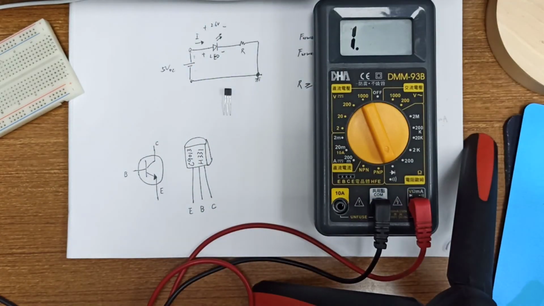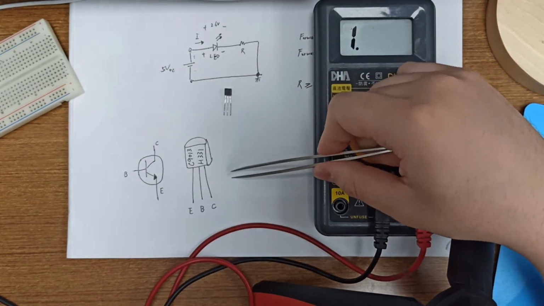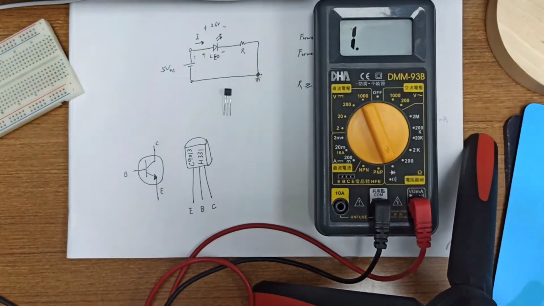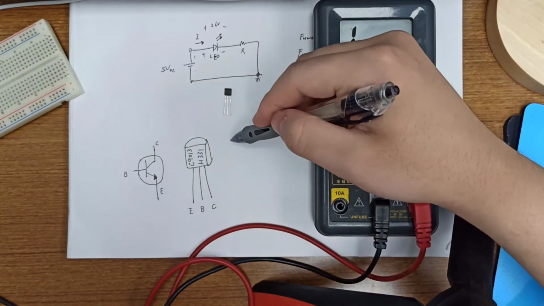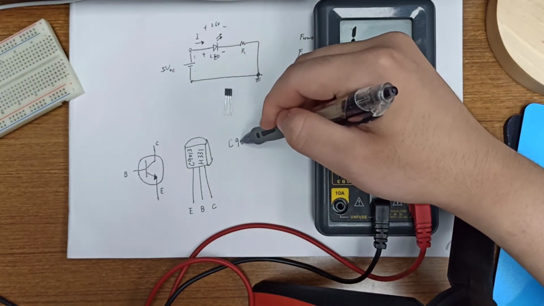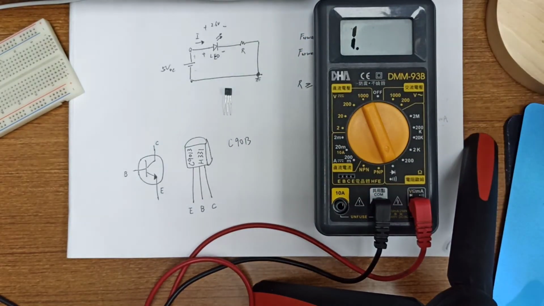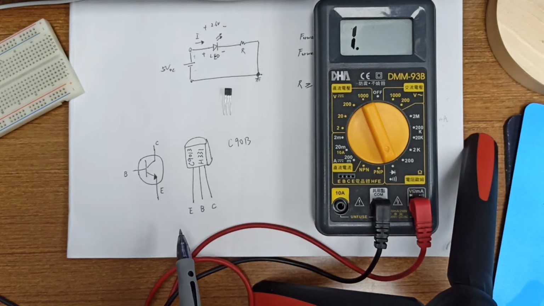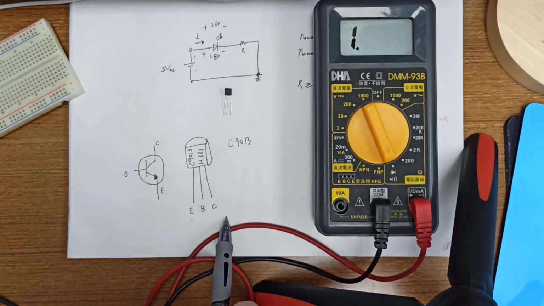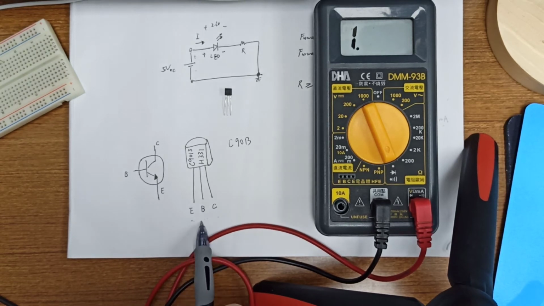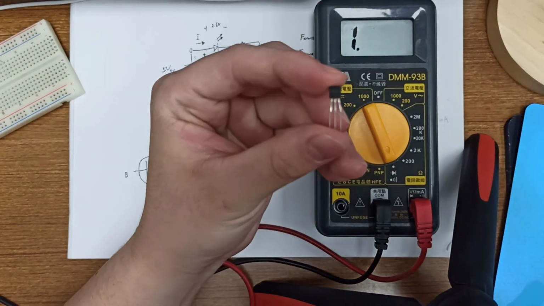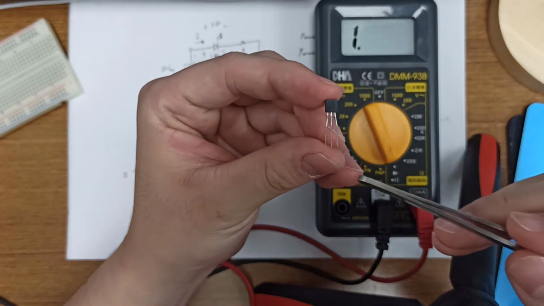So first you need to search on Google for the C9013. It will show you the data sheet and the pin configuration. So when I search Google, we know from left to right is the EBC. Yep. So this transistor, left to right, EBC.